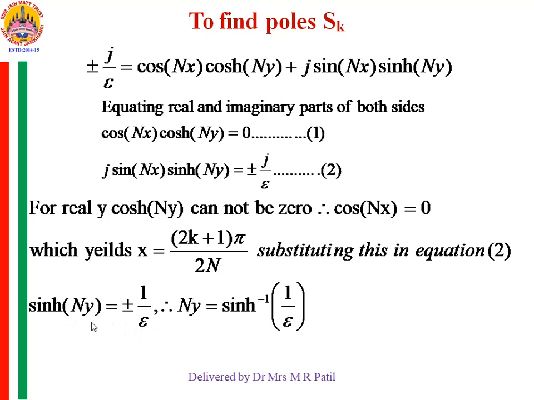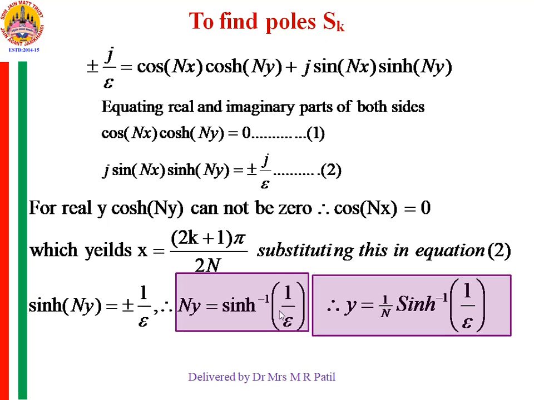Now if you take the sine hyperbolic inverse on both sides, you will remain with ny is equal to sine hyperbolic inverse 1 by epsilon, and therefore from this equation I can write y is equal to 1 by n sine hyperbolic inverse 1 by epsilon.